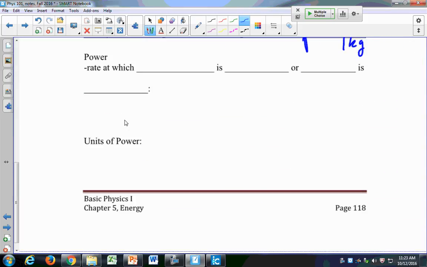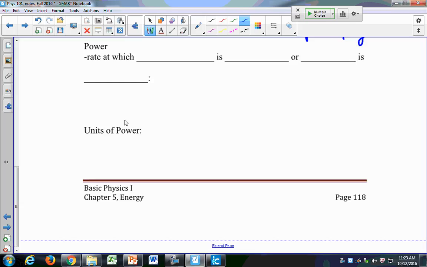In that case, I have potential energy initial is equal to potential energy at 10 centimeters plus kinetic energy at 10 centimeters. So this problem is different because when the spring is fully compressed, I only have potential energy. But when I'm at 10 centimeters, I have both potential energy and I have kinetic energy.